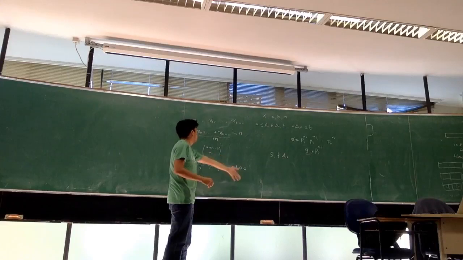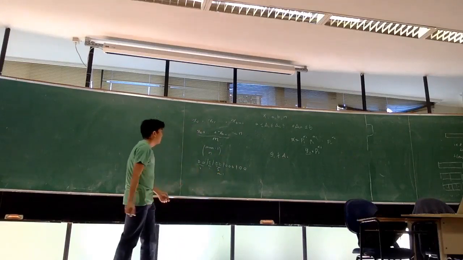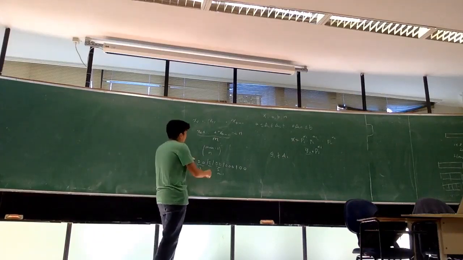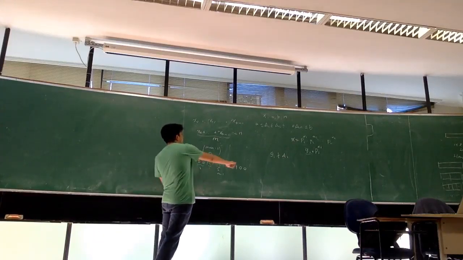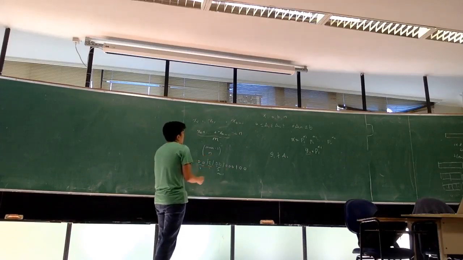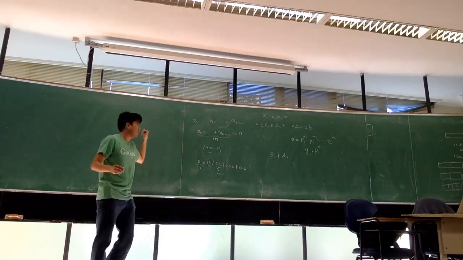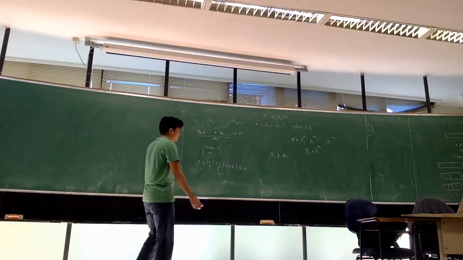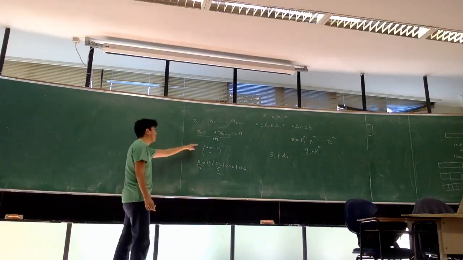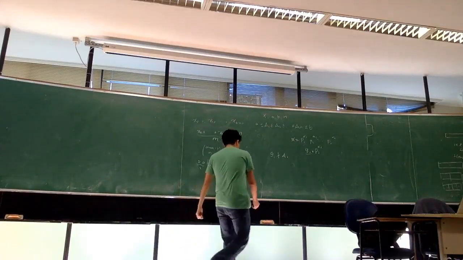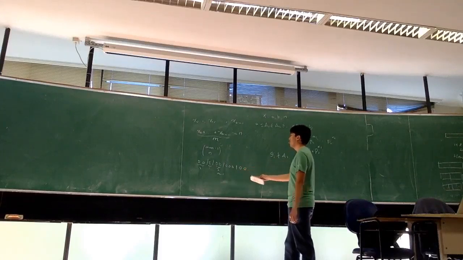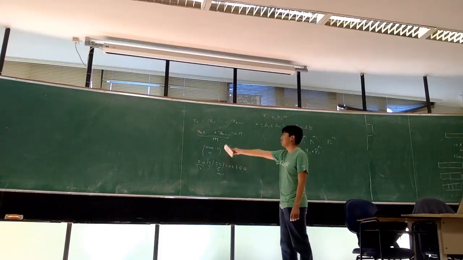So the number of bars here is exactly m minus 1, and I have to pick n guys, so I have n balls. And there's a bijection between any permutation of circles and bars and one solution to this system. Right? And the number of permutations is (n plus m minus 1) factorial over n factorial times (m minus 1) factorial, which is exactly this binomial.